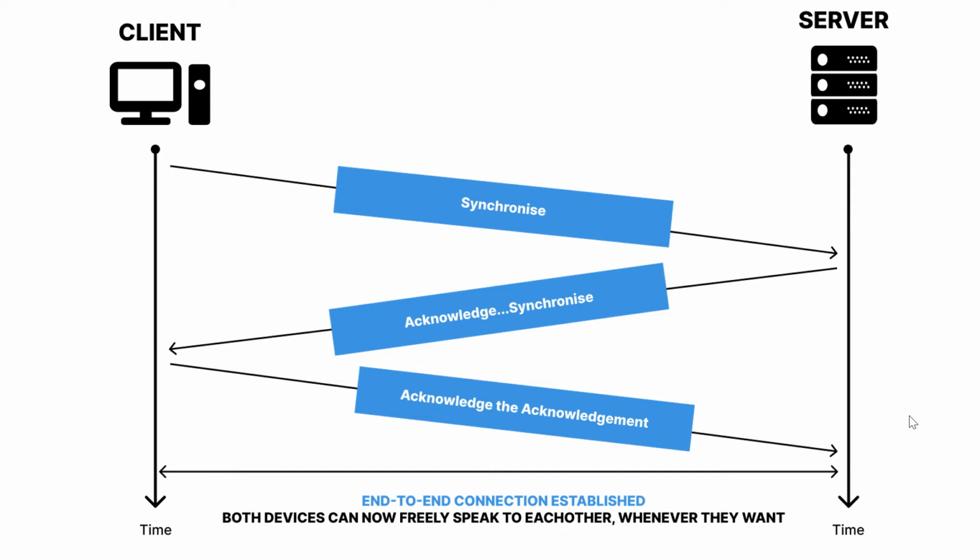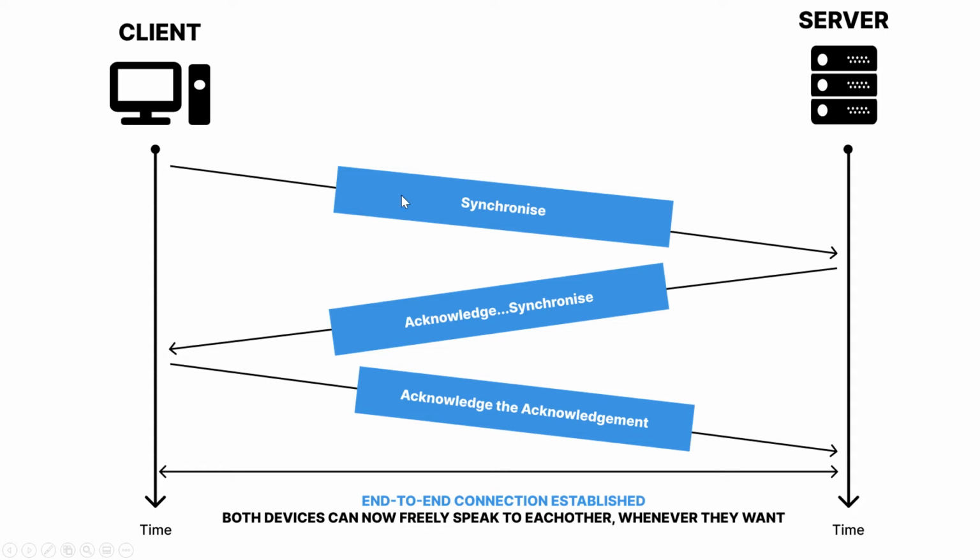To establish that connection, there needs to be something called the three-way handshake, which I think creates 3 extra round trips between client and server, correct me if I'm wrong, before a connection is established, and therefore before any data can be exchanged between the two computers.